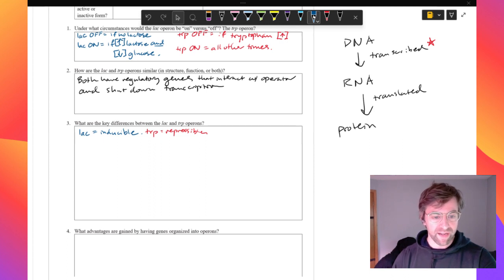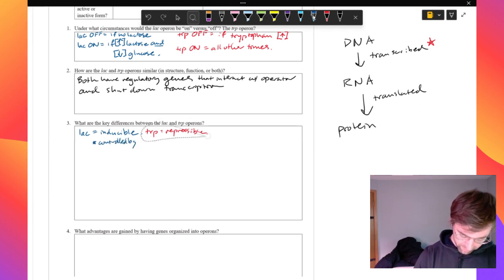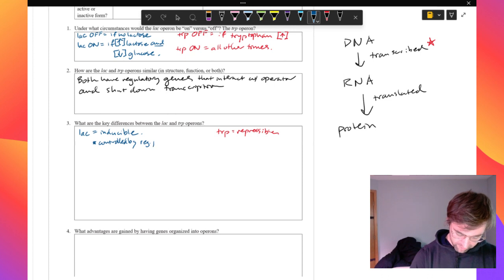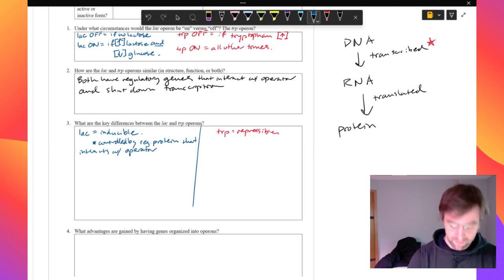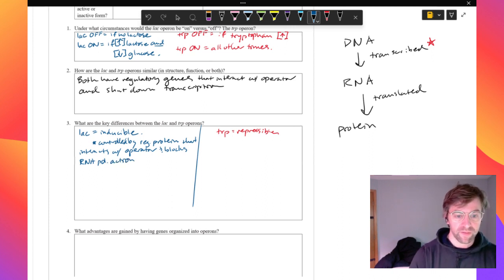More key differences. The LAC operon is controlled by both a regulatory protein that interacts with the operator and blocks RNA polymerase action, and a CRP site.